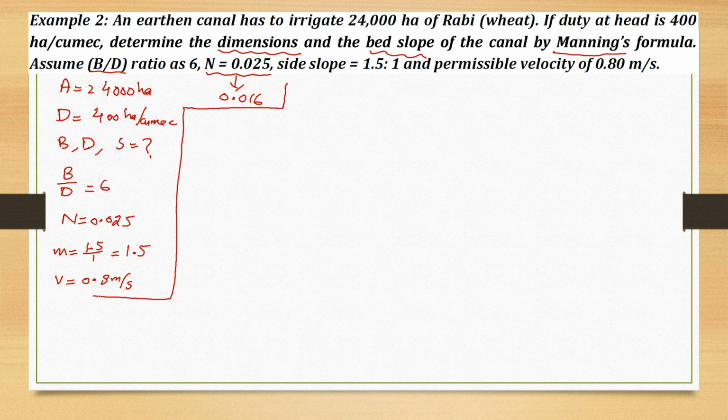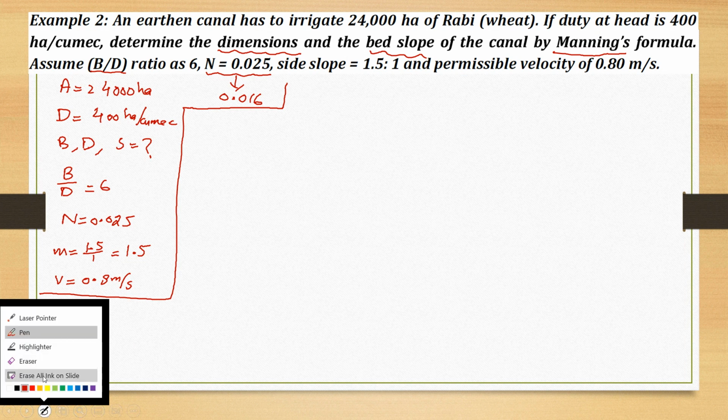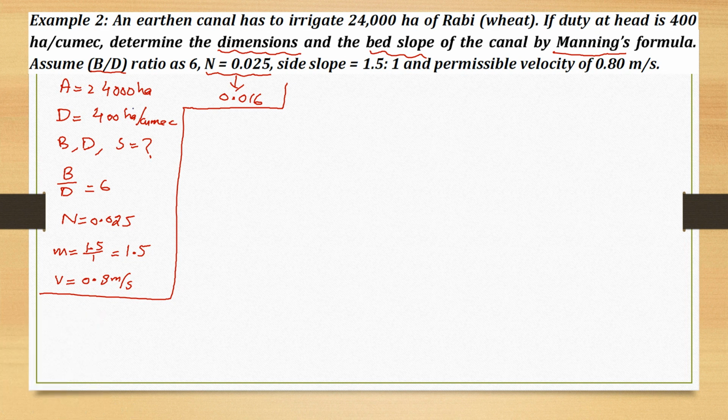So by this given data, we can proceed with the steps. What was the first step? That is the same, to determine the area. But for area calculation, we will need Q. Here we don't have Q, so I will calculate Q from the given duty and the area of, this is not the area of the channel, this is the area of the land that can be irrigated by this duty of the channel.